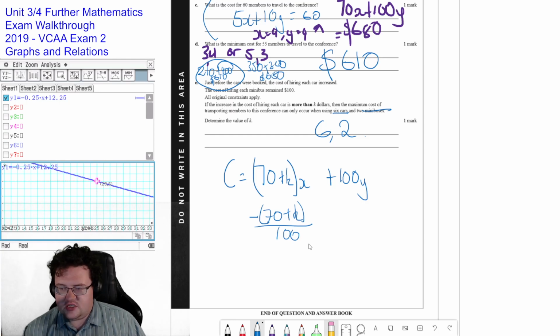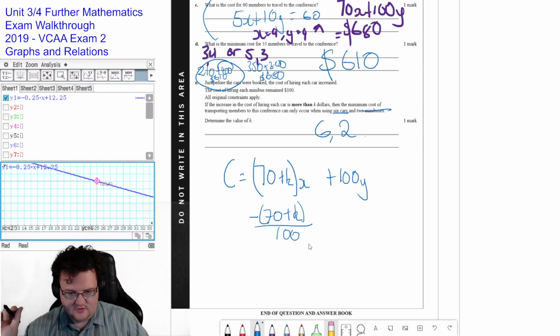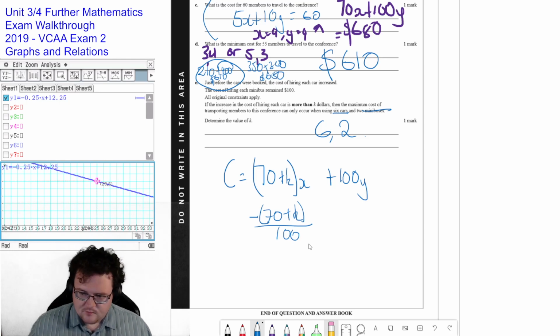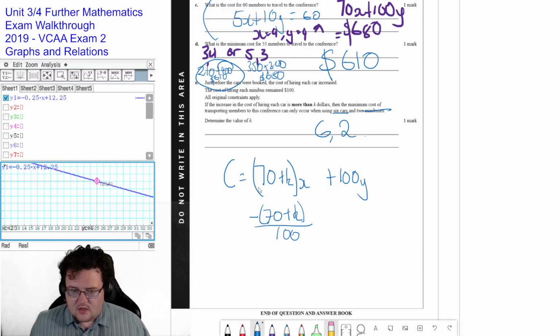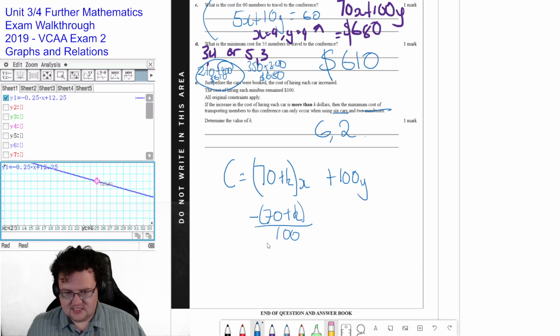If the increase in cost is more than K, then the maximum cost can only occur when I have those points that exist. What I want to do is figure out how to get the gradient equal to -1, get it to less than -1. That is the only way that it will actually touch.